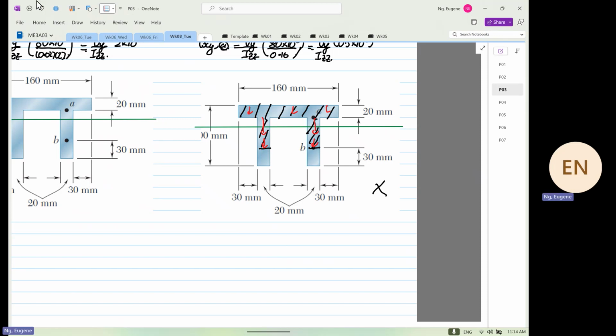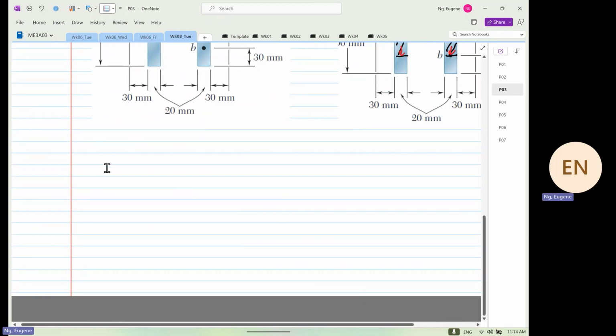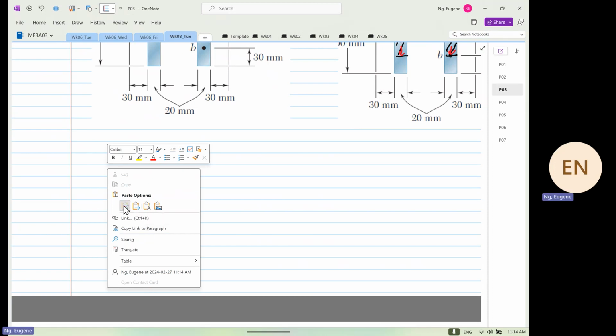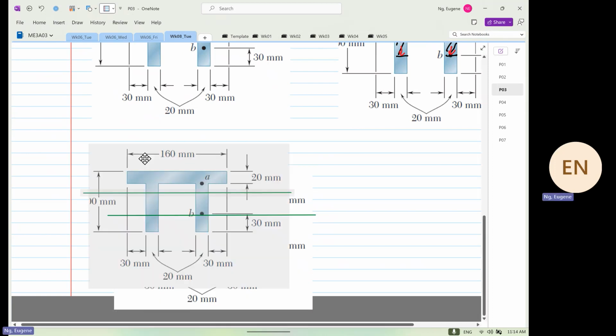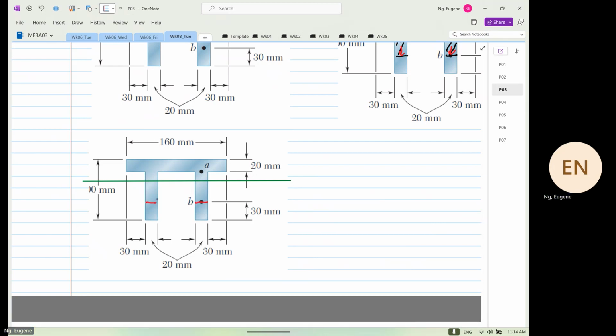So Eugene says that I cannot cross the centroid. Then can I do this? What if we do this? Is this correct?